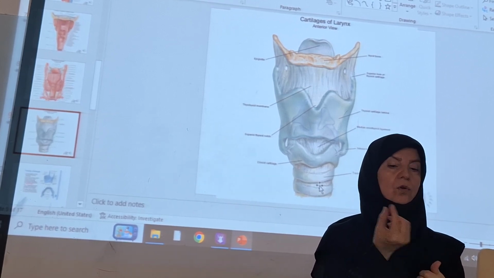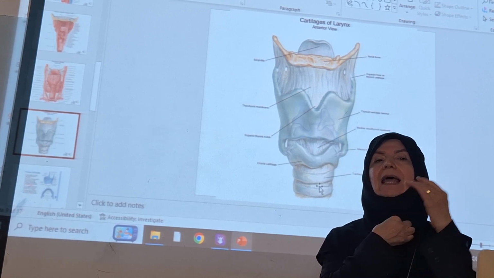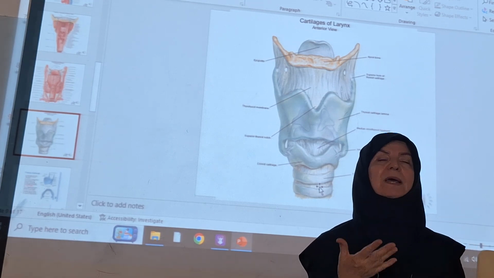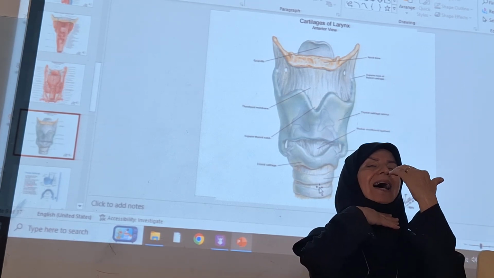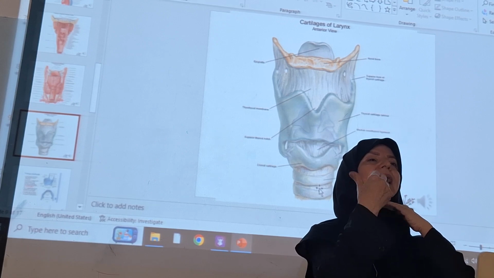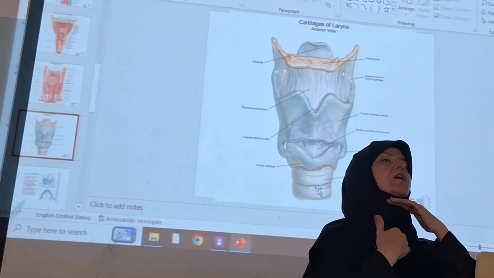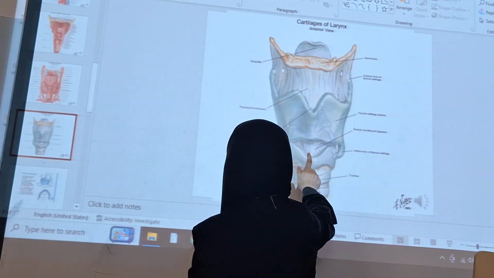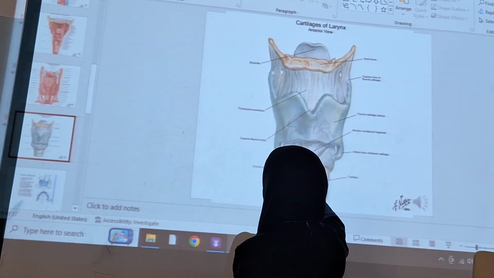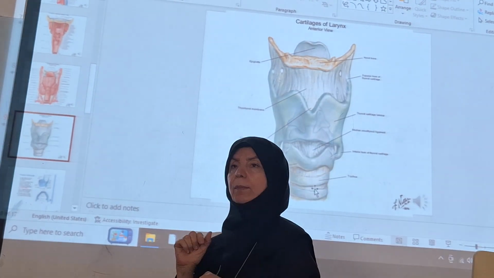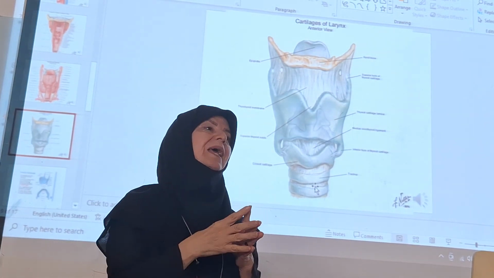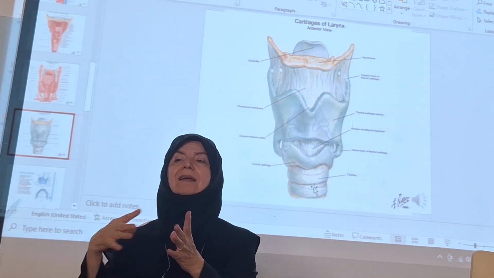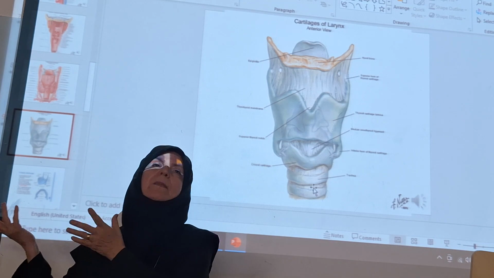You put a tube here, the air passes through the tube and goes to the lungs, because in this patient something came and stopped here, so the air is not passing. To help this patient, we cut the trachea or we can cut this conus elasticus, this median cricothyroid ligament. Both of them are helpful. You cut and put a temporary tube, and take this patient to the nearest emergency room.